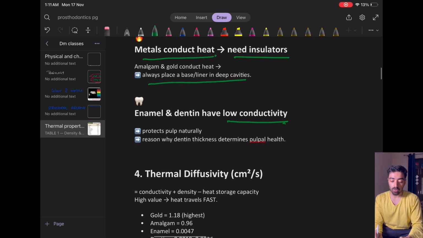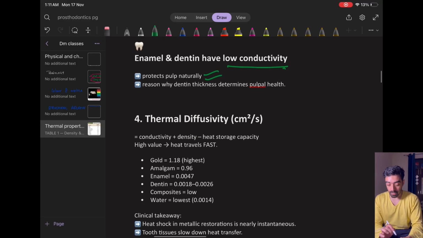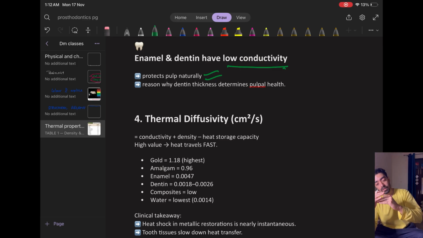Enamel and dentine have low conductivity, so they are protectant. So therefore we say that the amount of dentine thickness determines how good your pulpal health will be. If the thickness of dentine is reducing, you would have to provide a base below the restoration, especially an amalgam restoration, so that heat is not transferred to the pulp.